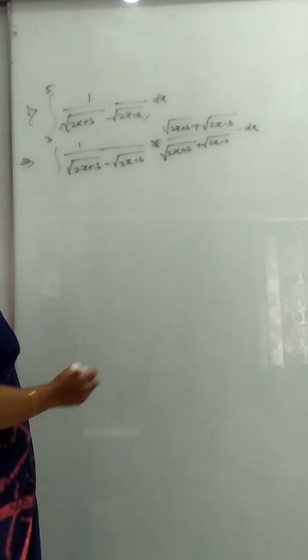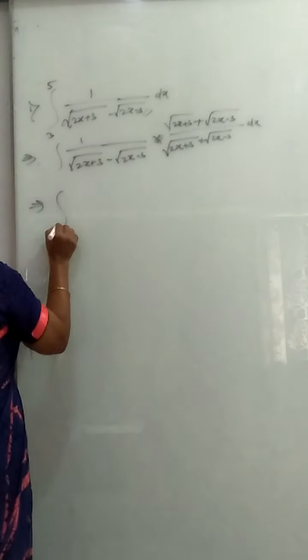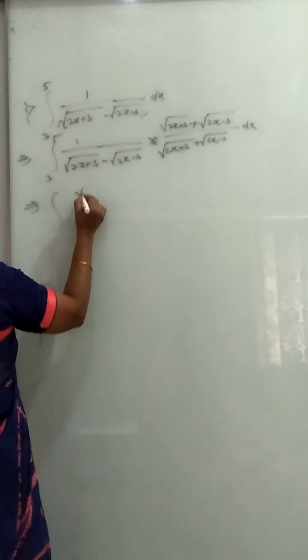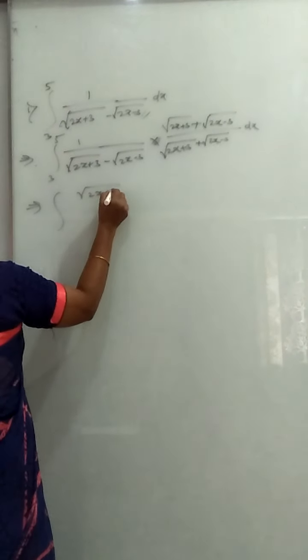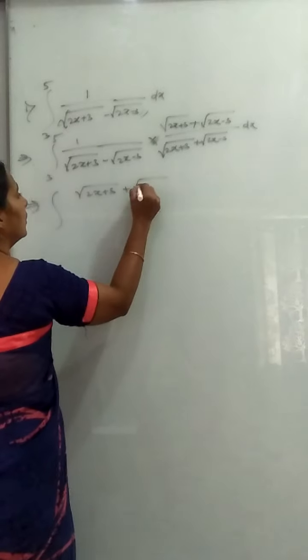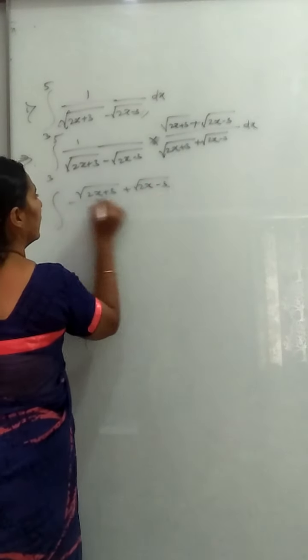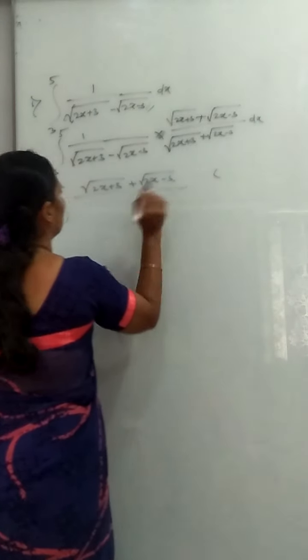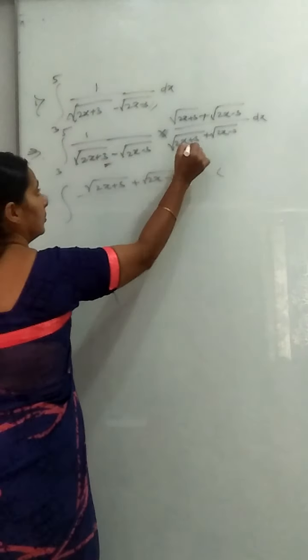Then simplify this example, with the limits for the integration. The numerator becomes root of 2x plus 3 plus root of 2x minus 3, and for the denominator, we know the simplification of these two terms.